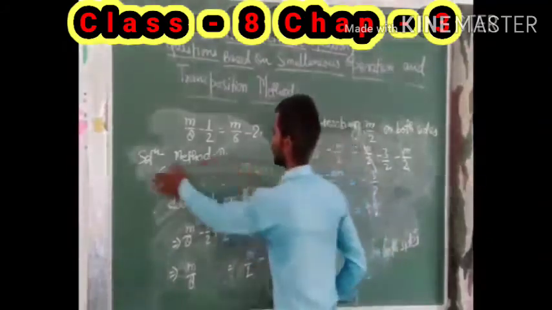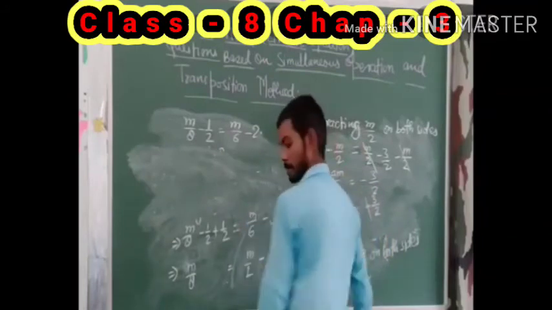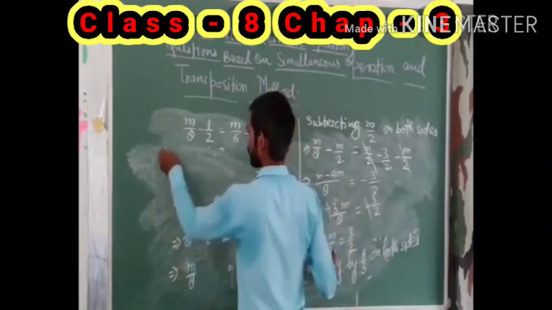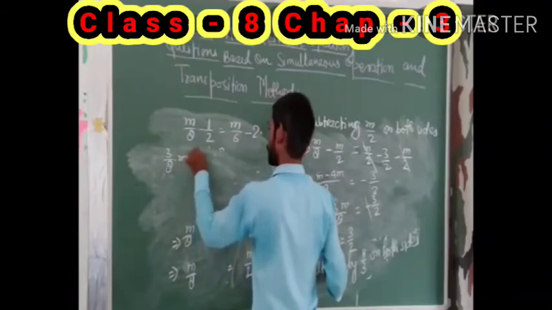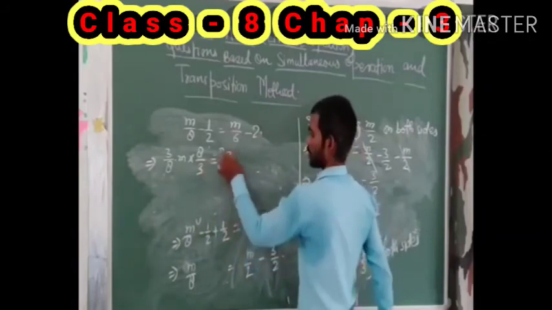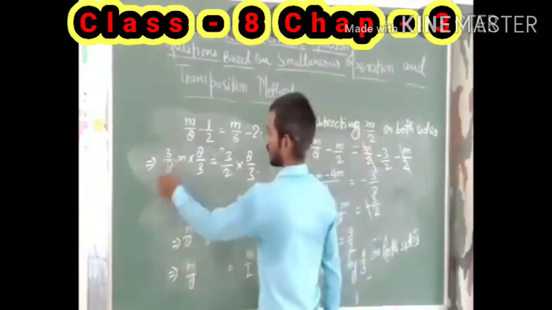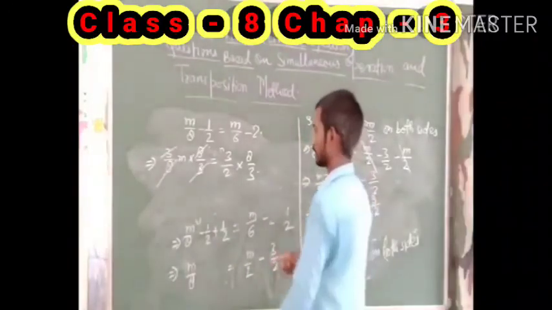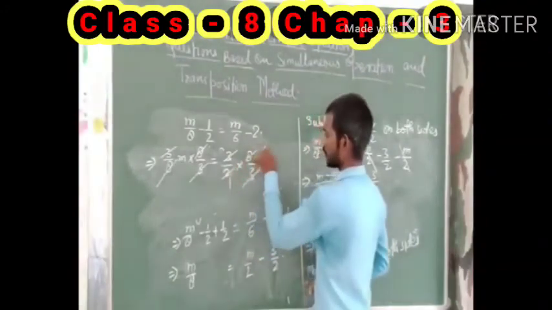So see here, on both sides when multiplied by 24, we get m upon 24 multiplied by 24 is equal to 3 upon 2 multiplied by 24. 24 cancels out by 24, and 2 times 12 is 24.